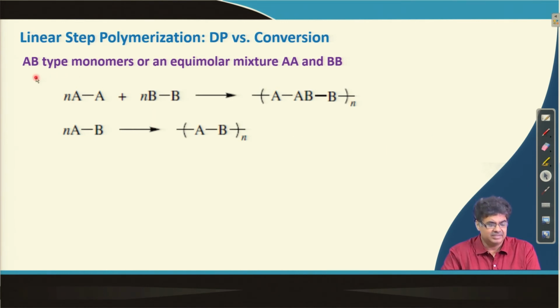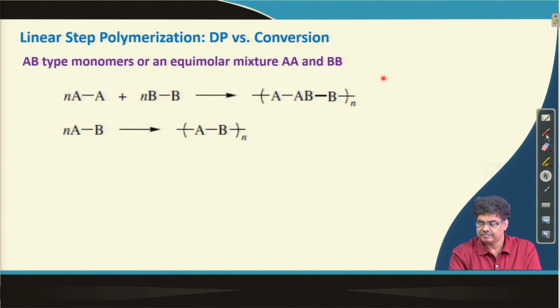First we will take the simplest case, where we take an AB monomer, where the molar ratio of A group and B group is always 1:1, or an equimolar mixture of AA and BB molecules, which will ensure that the molar ratio of A functional group and B functional group, r, is equal to 1.